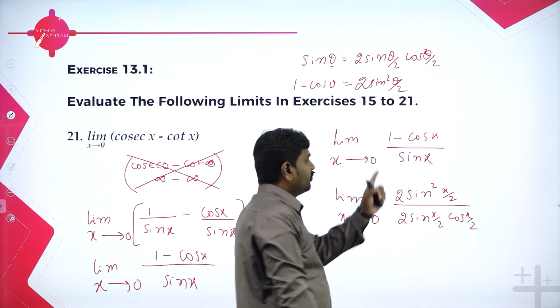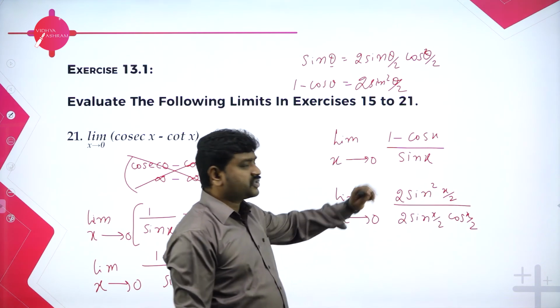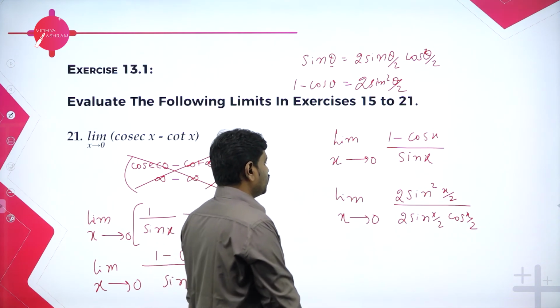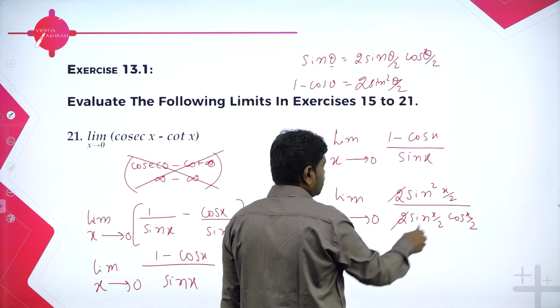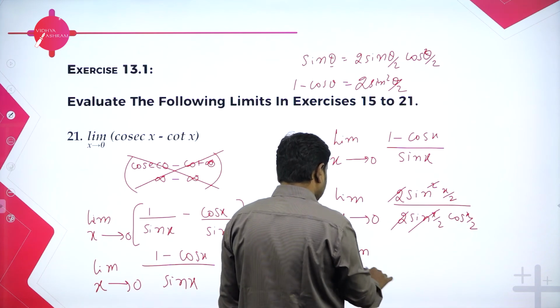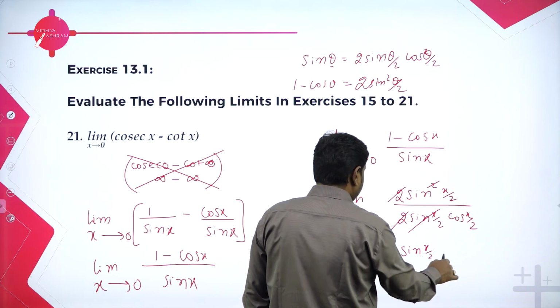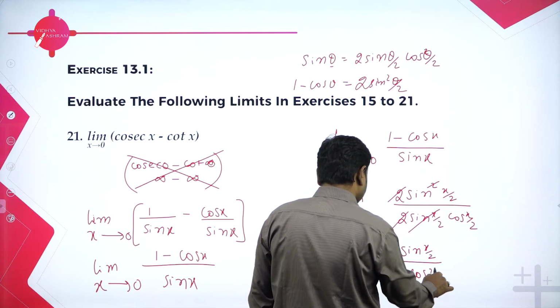So here, 1 minus cos x I am writing as 2 sin square x by 2, and sin x I am writing as 2 sin x by 2 into cos x by 2. 2 cancels, sin x by 2 cancels. I am left with limit x tends to 0, sin x by 2 by cos x by 2.